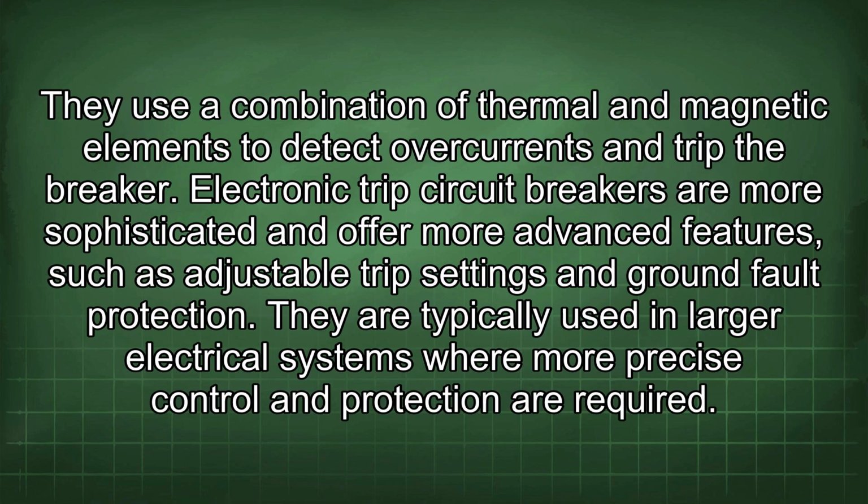They use a combination of thermal and magnetic elements to detect overcurrents and trip the breaker. Electronic trip circuit breakers are more sophisticated and offer more advanced features, such as adjustable trip settings and ground fault protection. They are typically used in larger electrical systems where more precise control and protection are required.